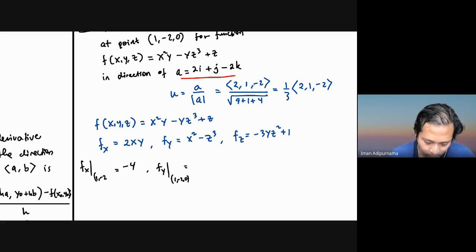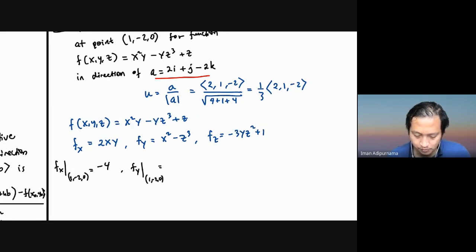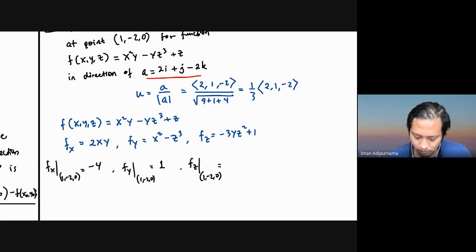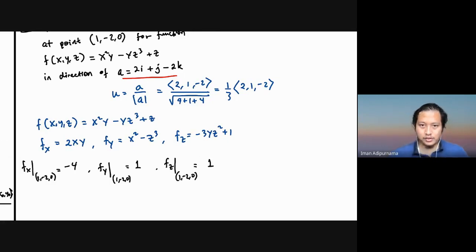Maybe write it completely to avoid mistakes. So here is 1. It's also 1.